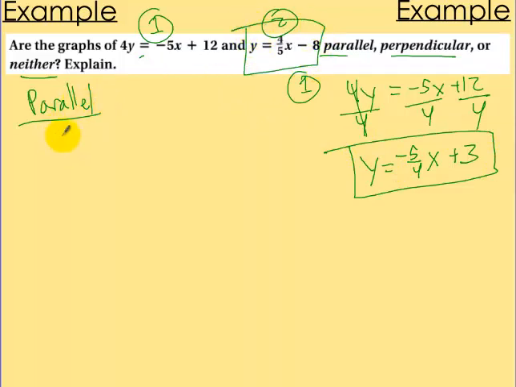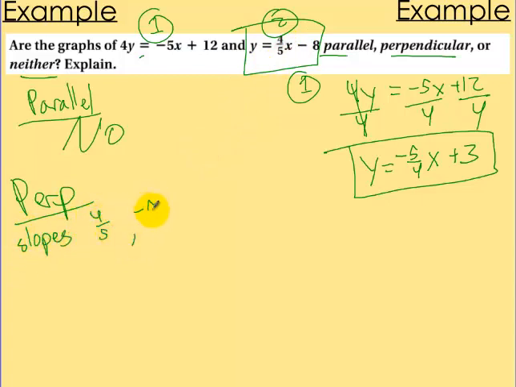So are they parallel? They have to have the same slope. And I have 4/5 and negative 5/4, so no, it's not parallel. Is it perpendicular? Well, for perpendicular, I have to have slopes that are opposite reciprocals. So our slopes are 4/5 and negative 5/4. Are those opposite reciprocals?